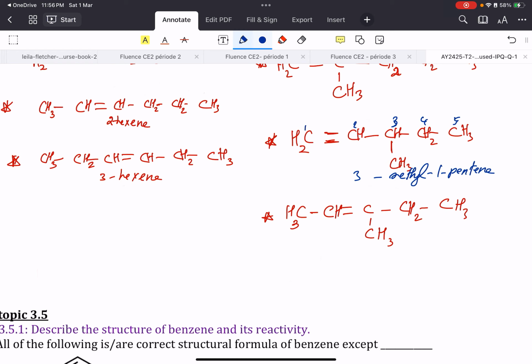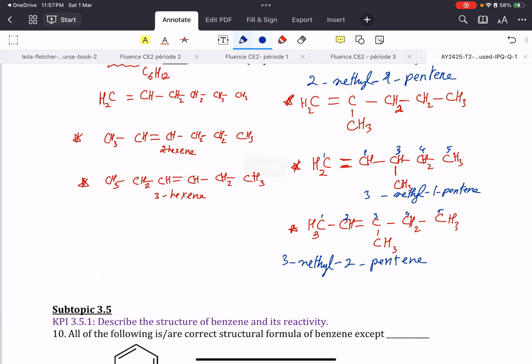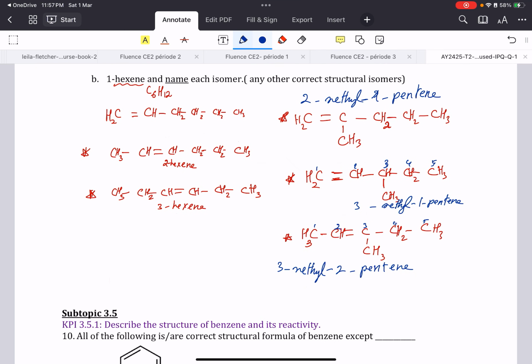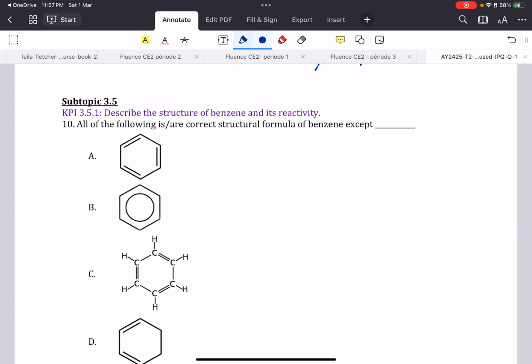This one, I have 2-pentene, so 2-pentene, and a branch on the third carbon. So as you can see, I don't have the same name. Even the examples given in the answer key of the focused question are different.